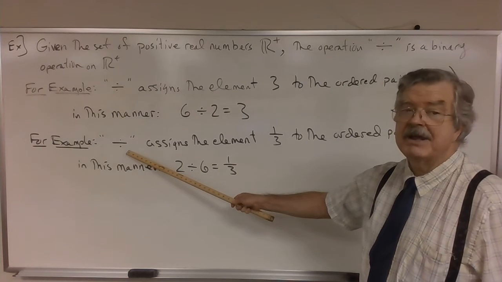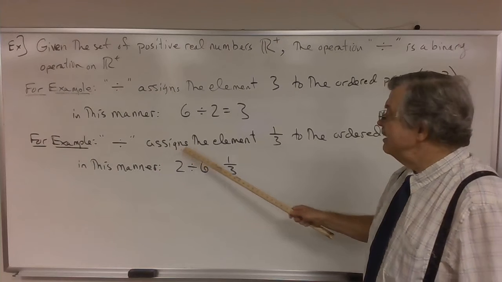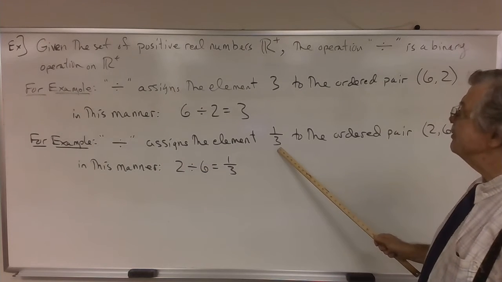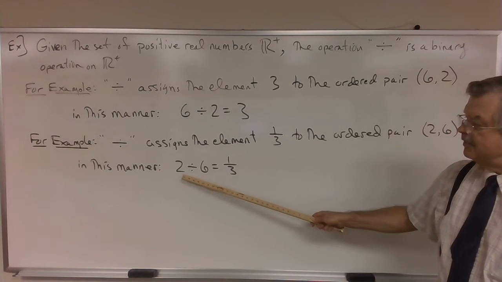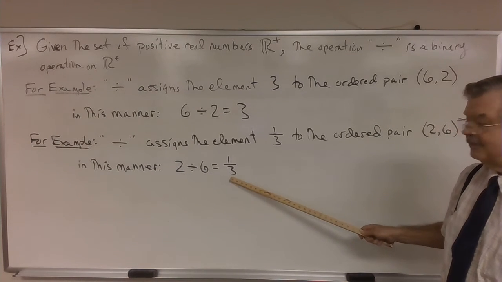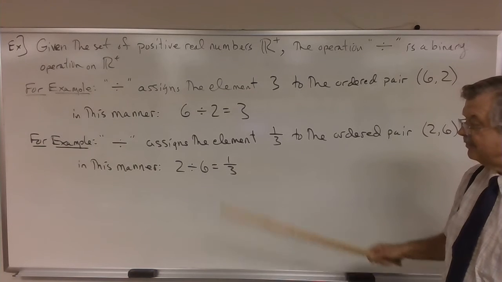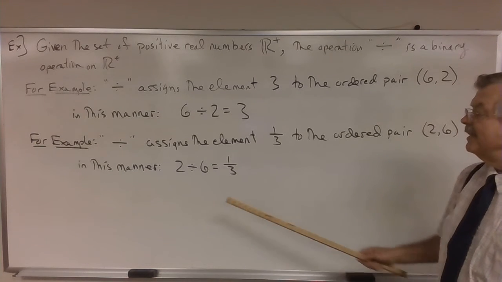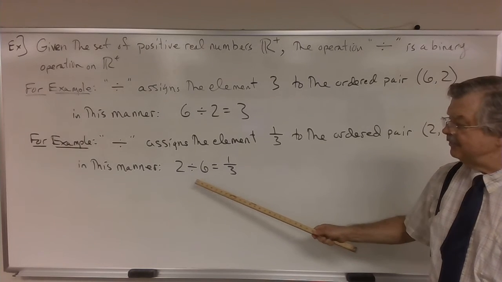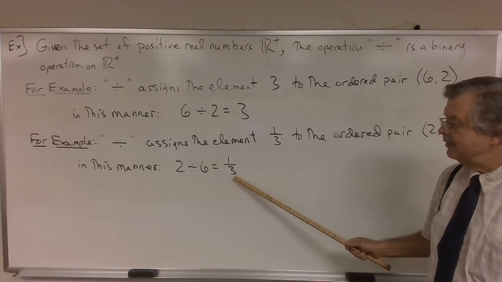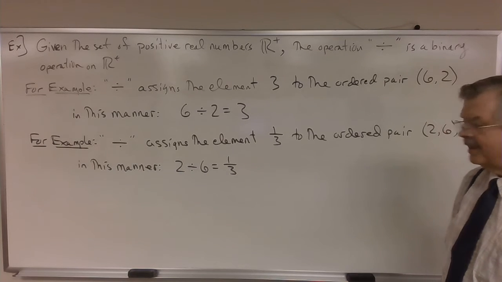The same operation, divide, assigns the element 1/3 to the ordered pair 2, 6 in this manner. 2 divided by 6 equals 1/3. So divide takes the ordered pair 2, 6 and assigns to it the element 1/3.